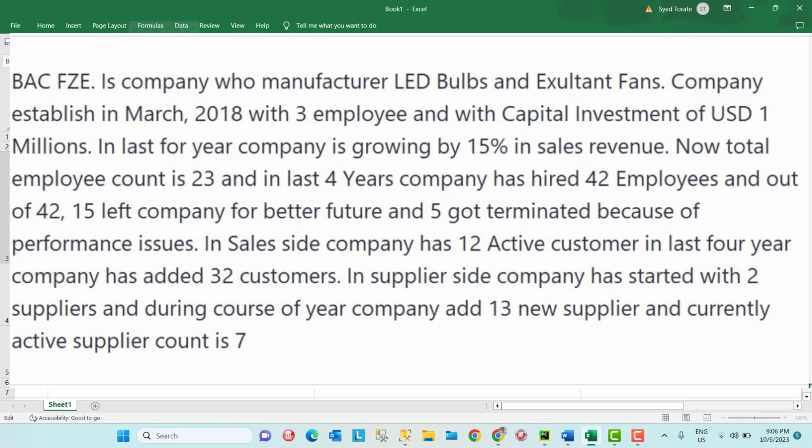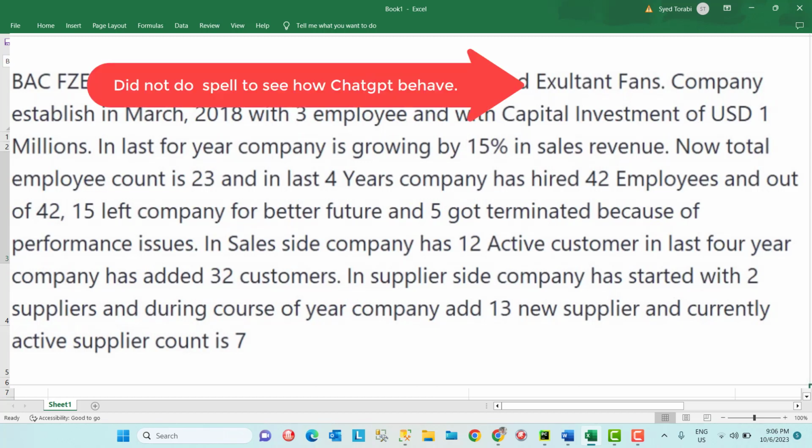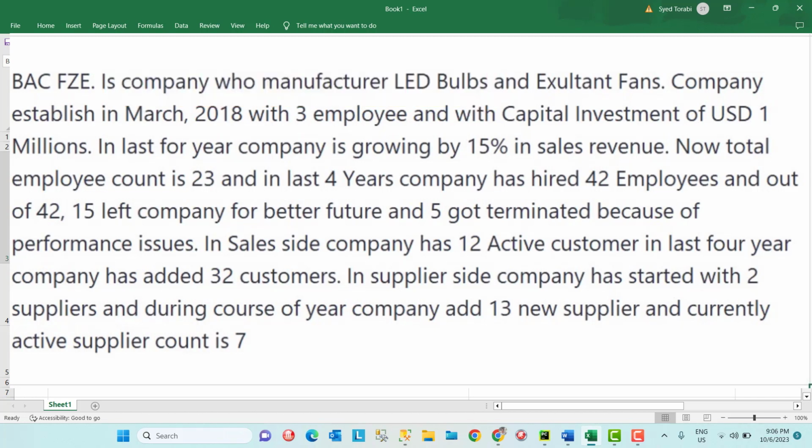For example, a company called Bax FZT, and I provide information about it: what business it has, the year it was established, that it started with 3 employees, the capital investment, and a lot of other information.